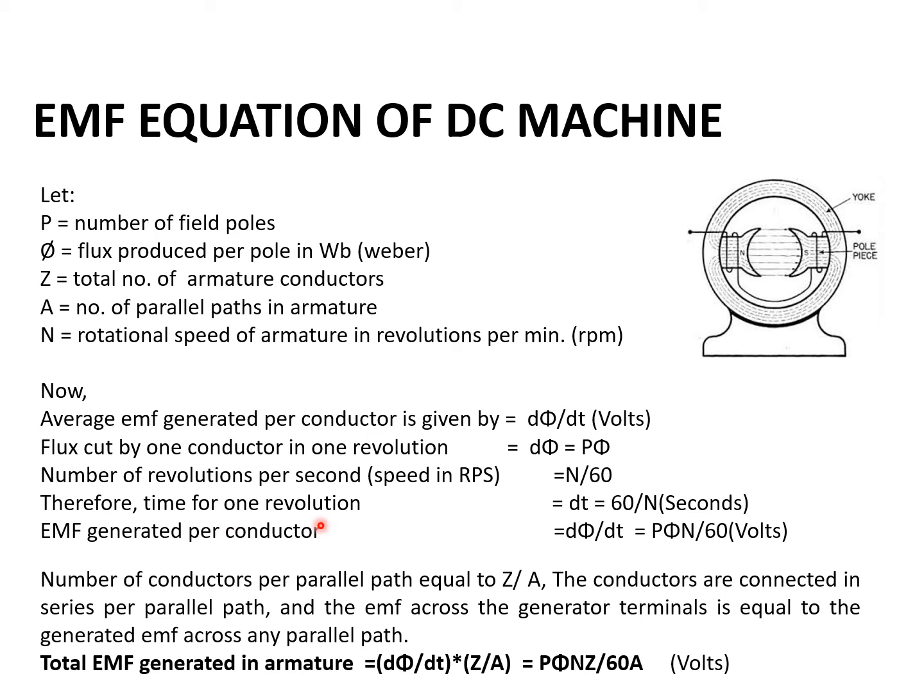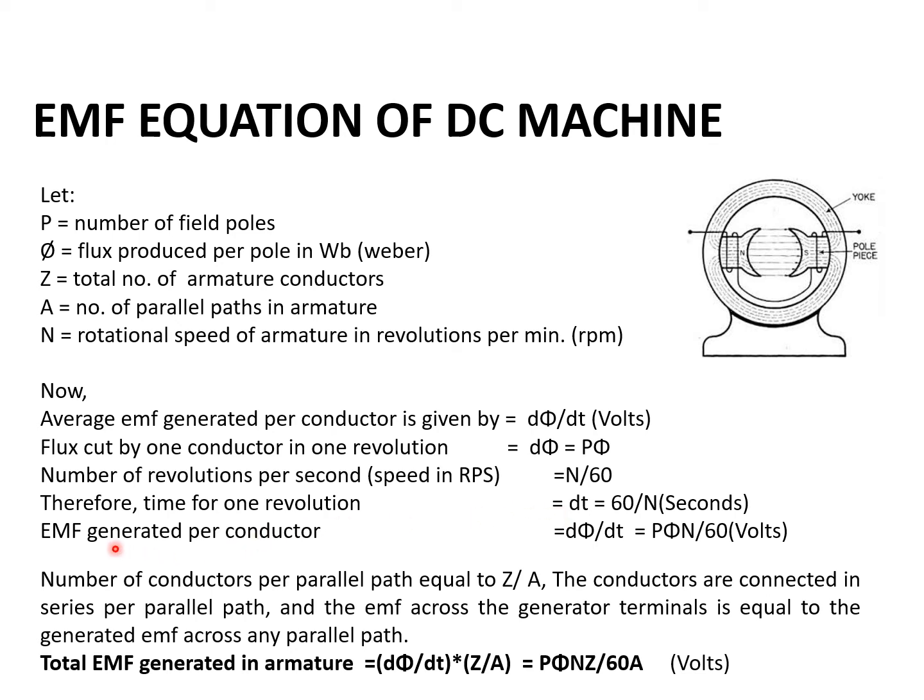If you multiply by 60, the time of one revolution is 60 upon N seconds. So dt is the time of one revolution, and this equals 60 upon N.